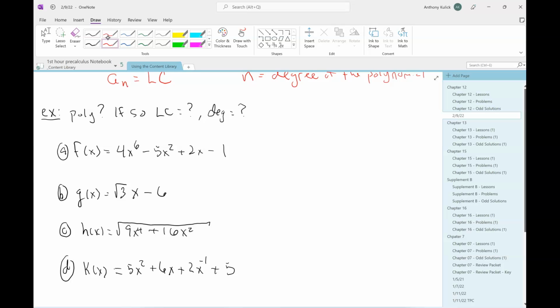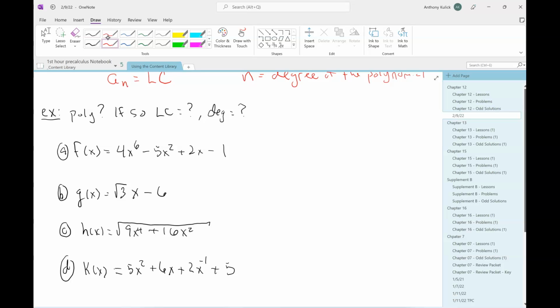So here's a couple of examples. Let's compare each one to the definition we just described above and determine whether these things are polynomials or not. And if they are, we'll state the leading coefficient and the degree. Cool?